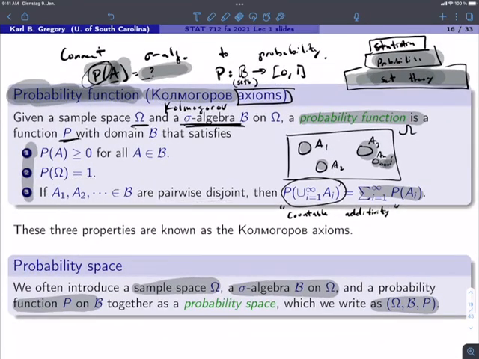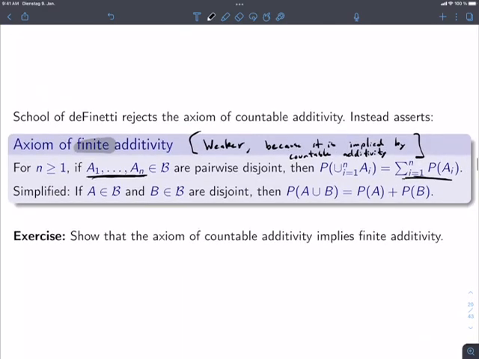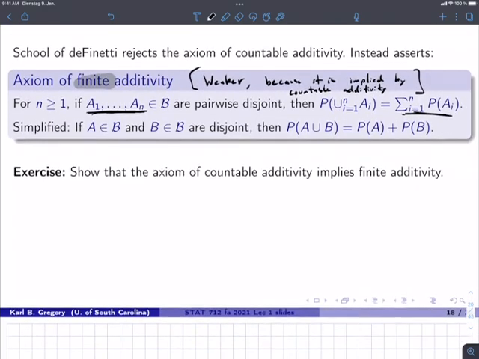One of our Kolmogorov axioms is this axiom of countable additivity. But we can show that countable additivity implies finite additivity. Let's go ahead and show that. Finite additivity is when we just have n of these, and we want to say that the probability of the union of disjoint sets is equal to the sum of their probabilities.